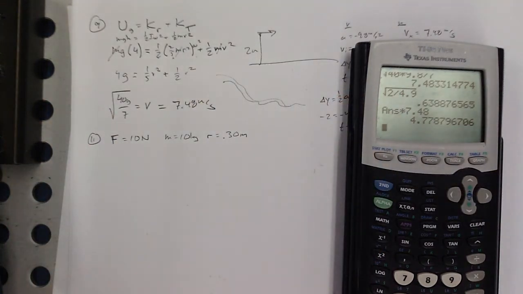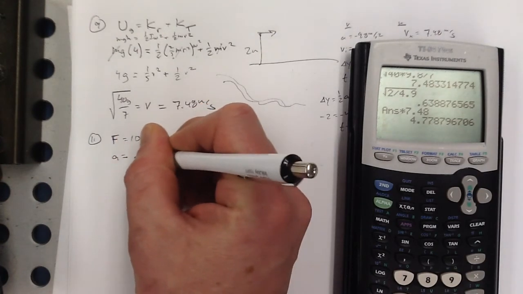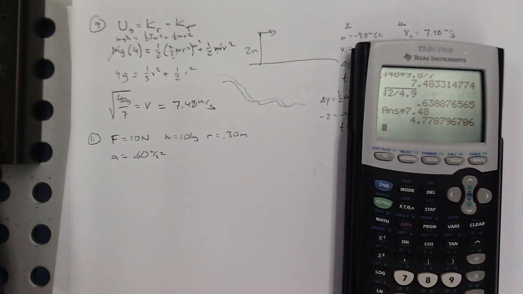The wheel rolls smoothly on the horizontal surface, and the acceleration of its center of mass has a magnitude of 0.60 meters per second squared. In unit vector notation, what is the frictional force on the wheel? What is the rotational inertia of the wheel about the rotational axis through its center of mass?